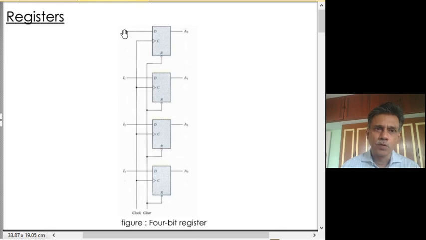The 4 inputs to this 4-bit register, denoted as I0, I1, I2, I3, are available here. As in the previous example, if you give the corresponding inputs on a clock transition, these 4 bits get changed.